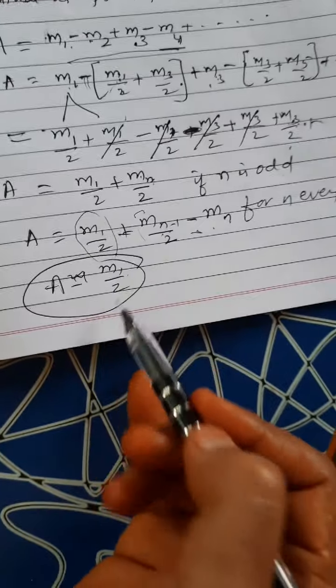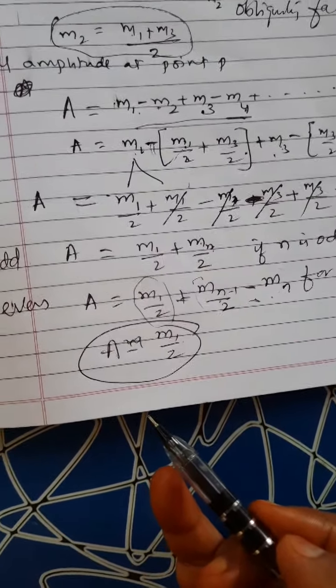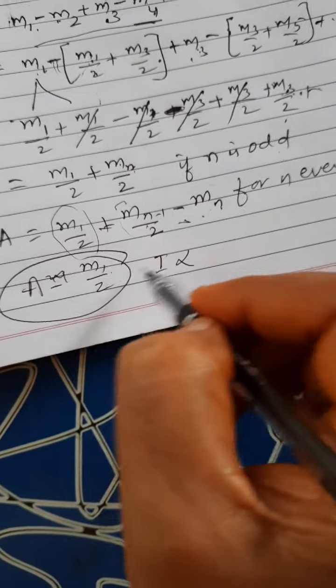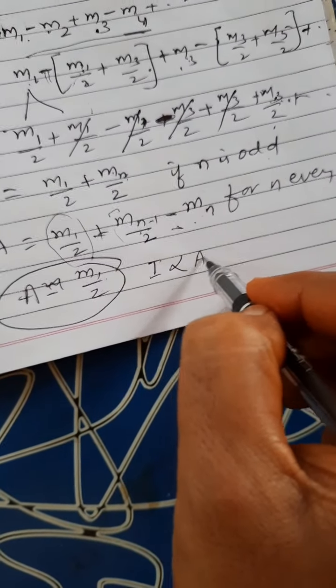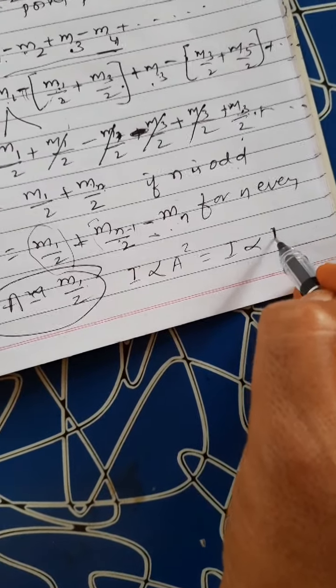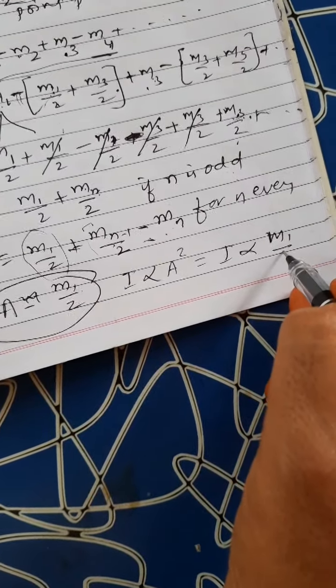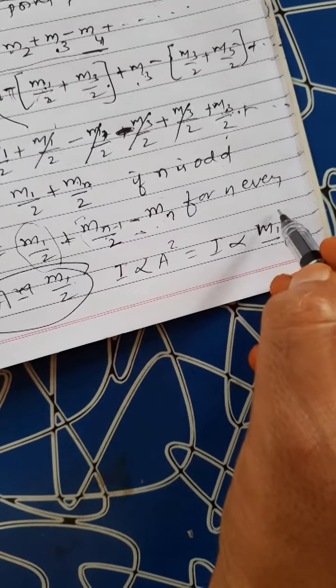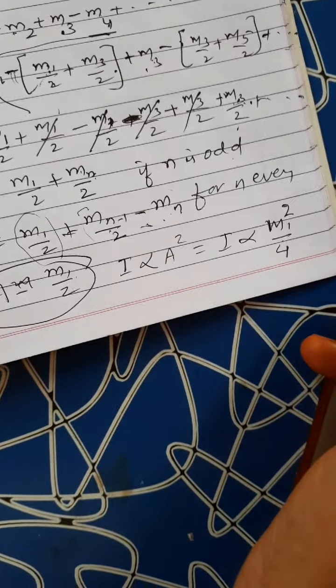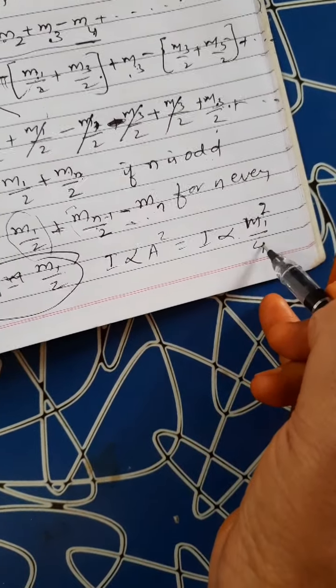The amplitude at P is M1 by 2. So what happens? The intensity, which is the square of the amplitude, is proportional to M1 by 2 whole square, or you can write Mn square by 4. So the intensity is this.